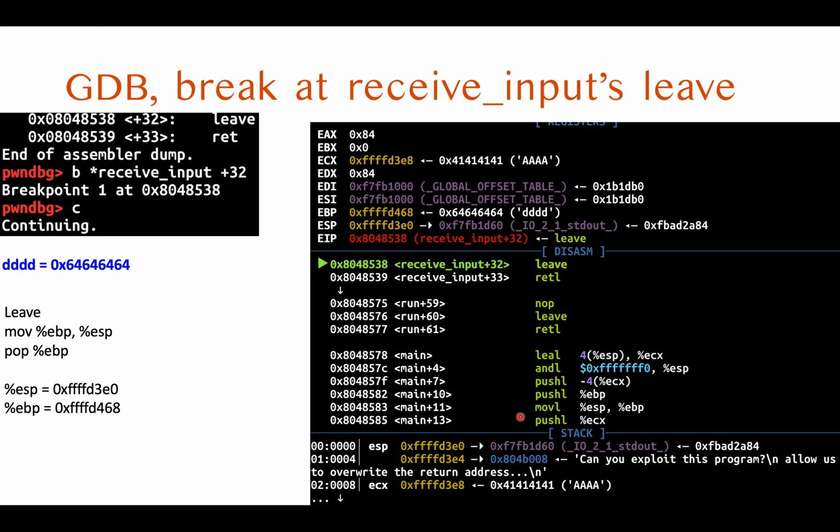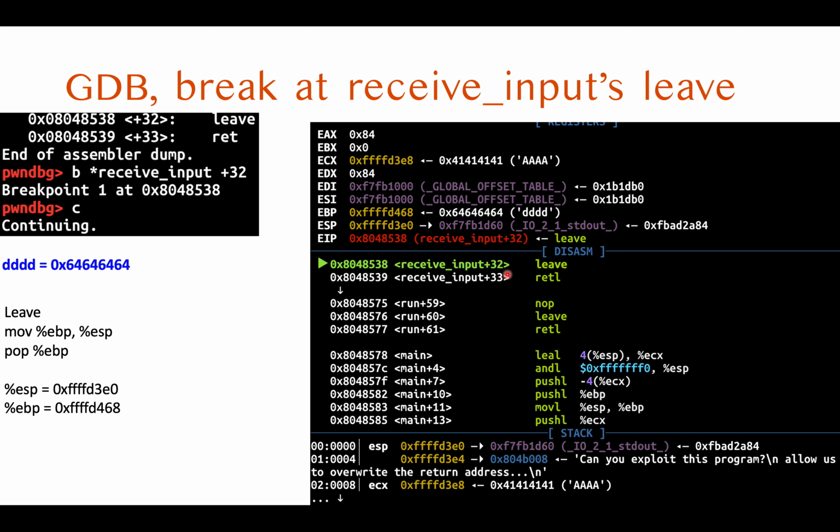To check how it runs, you can use GDB to trace it. You can first set the breakpoint at the leave of the receive input, which is receive input plus 32. And then if you continue to run it, it will break right at the leave instruction of the receive input.